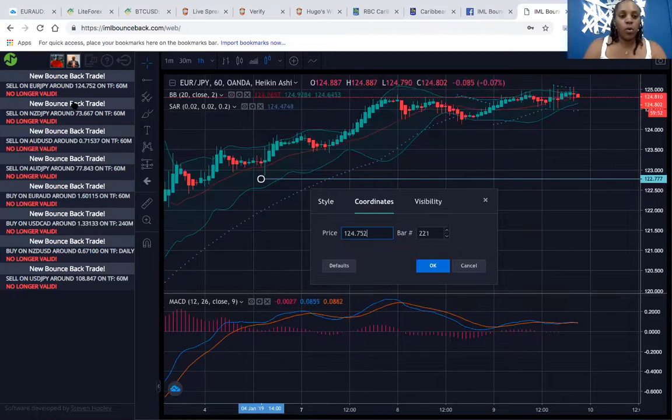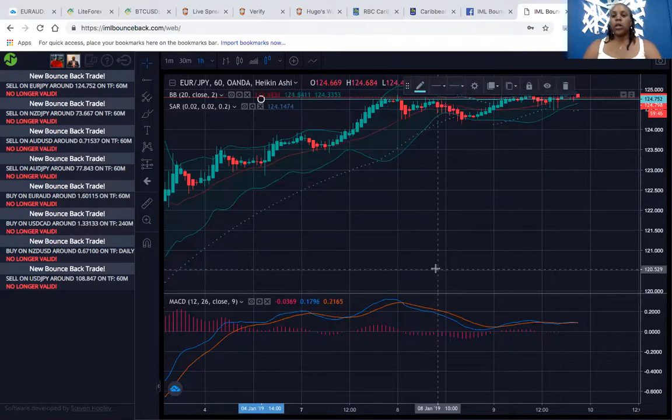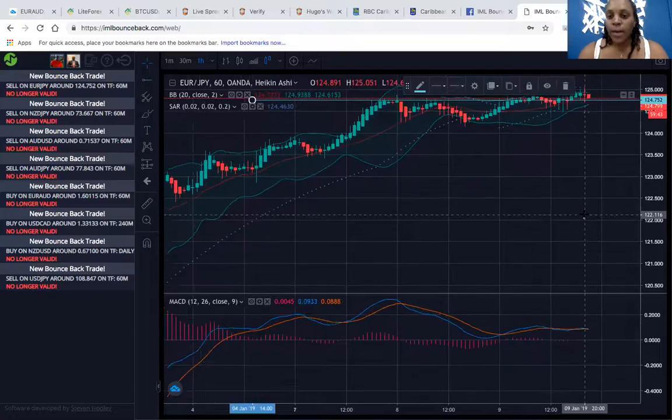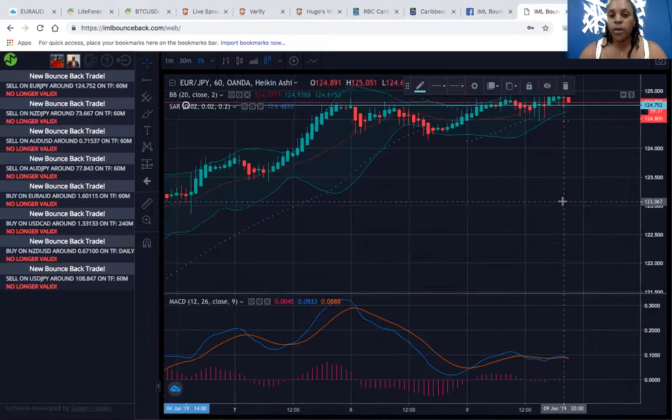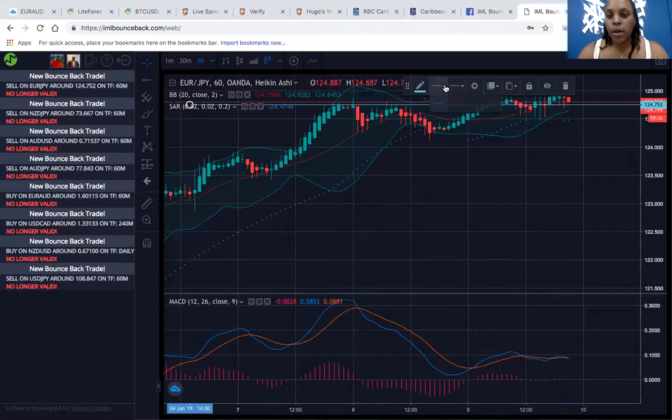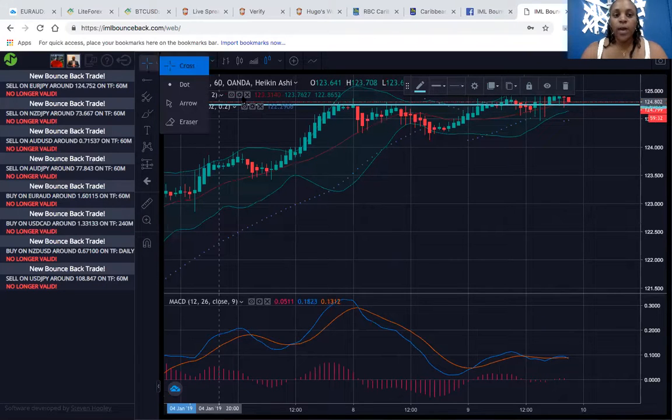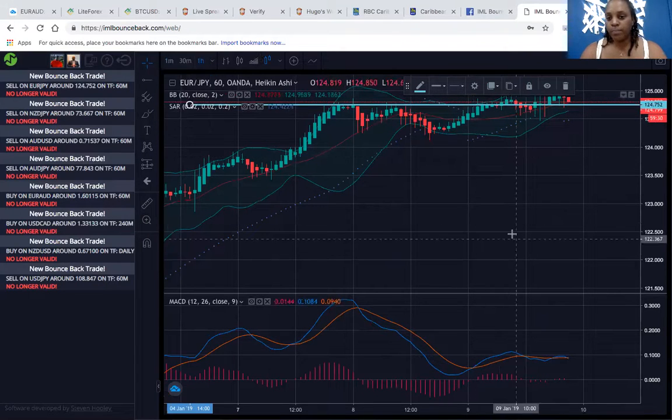In this case, it was 124.752. So we have it there, 124.752. Click OK. And what that does is that puts the horizontal ray at the area that we are interested in, right?